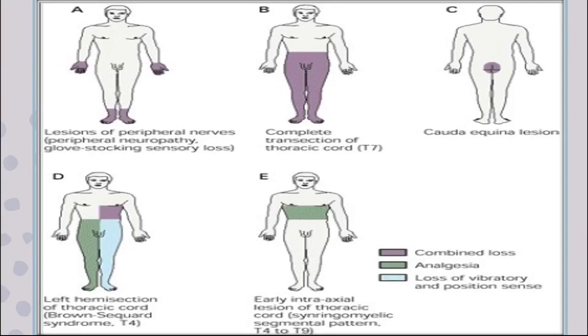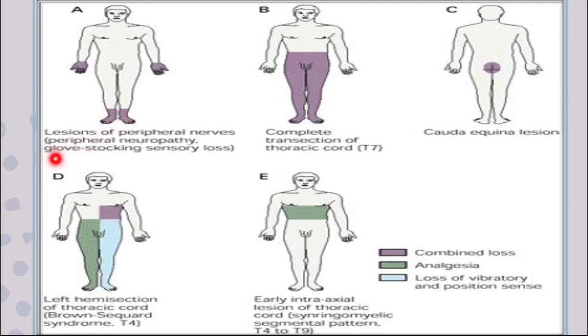This type is the lesion of only the peripheral nerve, peripheral neuropathy. It is not the spinal cord that is getting affected, but the peripheral nerves which supply the distal-most part of the limbs, both the upper limb as well as the lower limb. This kind of neuropathy is called peripheral neuropathy, and there will be loss of all types of sensation.